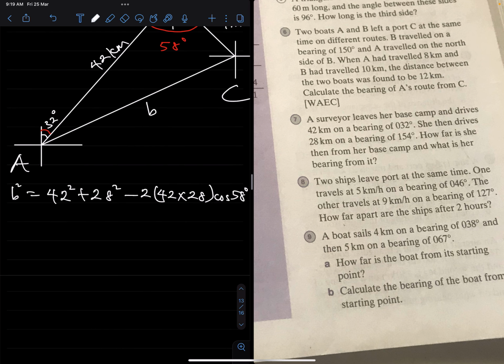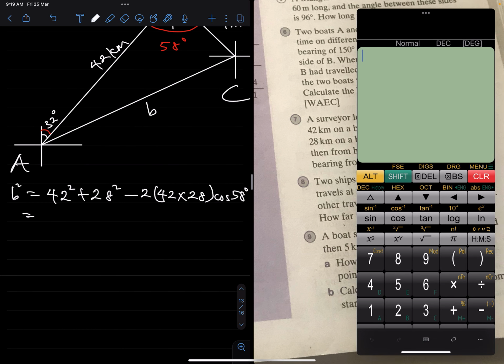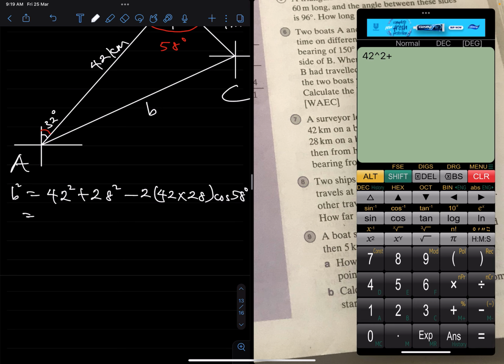And that simply means, let's do that. 42 squared plus 28 squared, that's equal to 2548 minus 2 times 42 times 28 times cos 58 degrees.